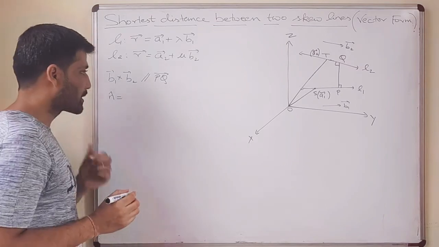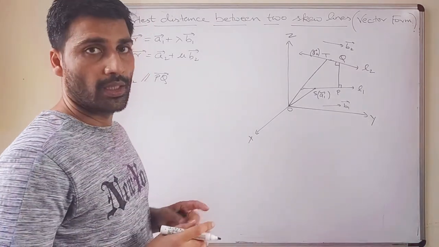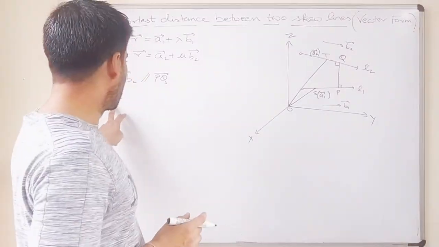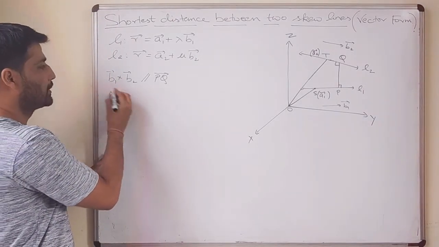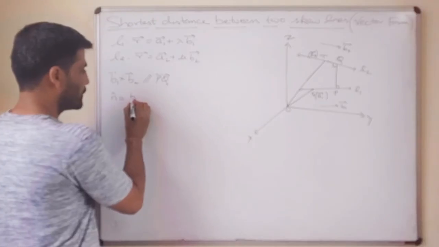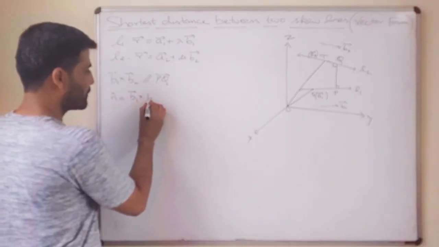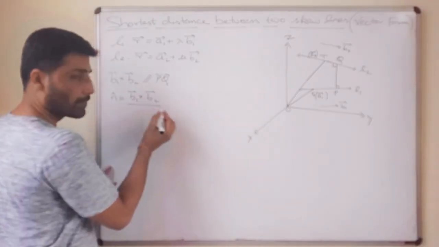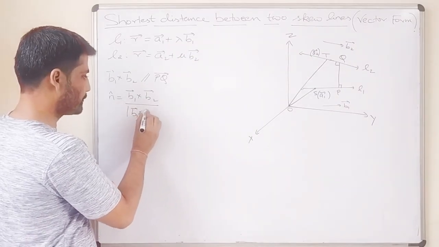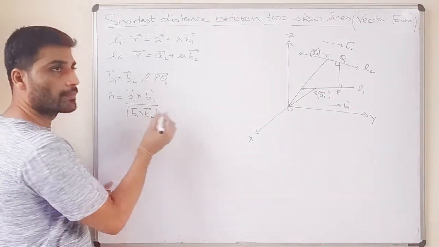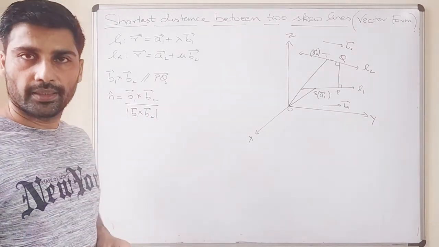Let us consider a unit vector along PQ denoted by n cap. It can be represented by vector b1 cross vector b2 divided by its magnitude. This is the unit vector n cap.